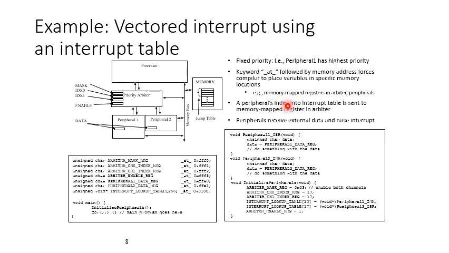Now a peripheral index into the interrupt table is sent to a memory-mapped register in the arbiter. This index is the address, the arbiter channel index.